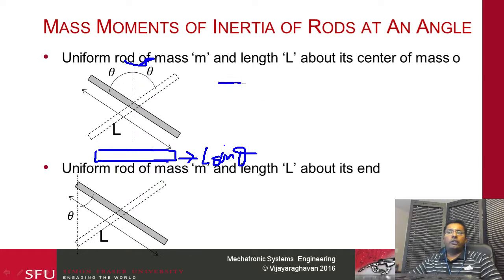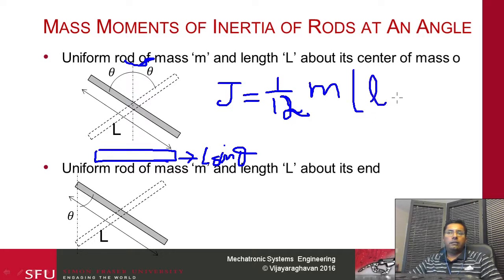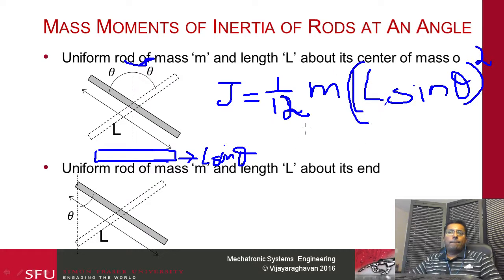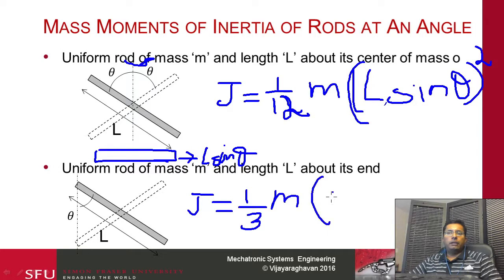So if you look at the formula for this, the J here is going to be 1/12 M, and then it's L sine theta, the whole squared. And then the same way over here, J is 1/3 M, and then L sine theta, the whole squared.